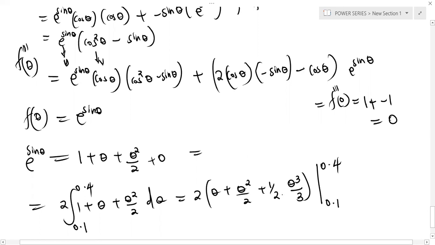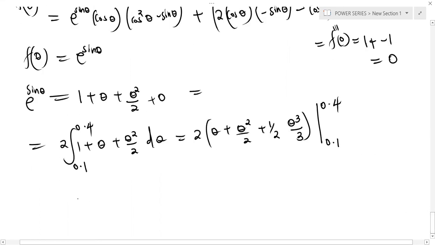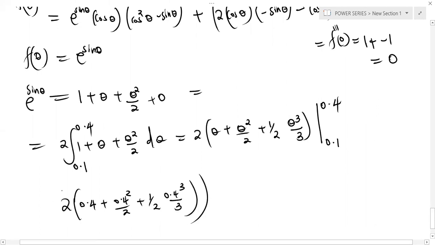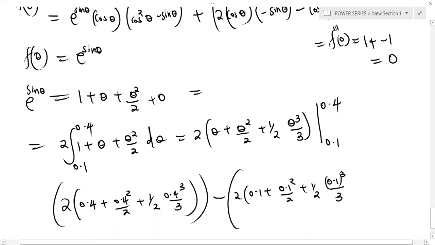So if we replace the limits correctly, we have 2, replacing with 0.4 first: 0.4 plus 0.4 squared over 2 plus a half into 0.4 cubed over 3, then minus, replacing with 0.1: 0.1 plus 0.1 squared over 2 plus a half into 0.1 cubed over 3.